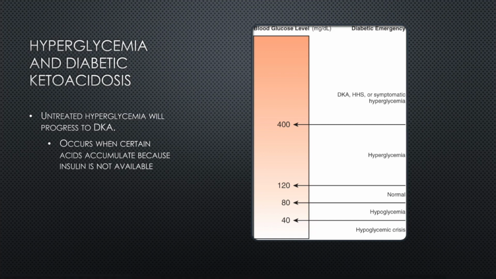It occurs when certain acids accumulate in the body because insulin is not available. So what happens is, since your body can't absorb the sugar that's in the blood, that's why the serum blood glucose is high, because it's not making it into the tissues, your body will start to break down fats, right, through lipolysis. And it breaks down these fats into ketones, and then ketones can provide some energy.